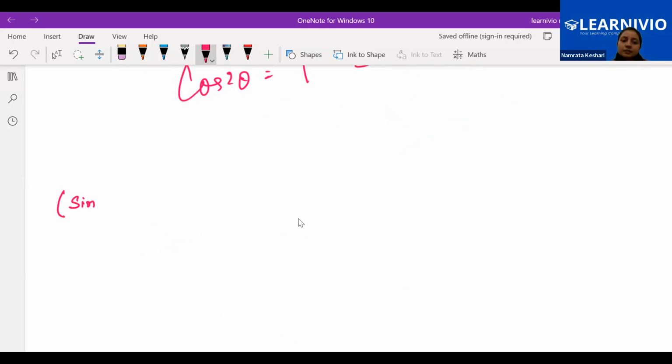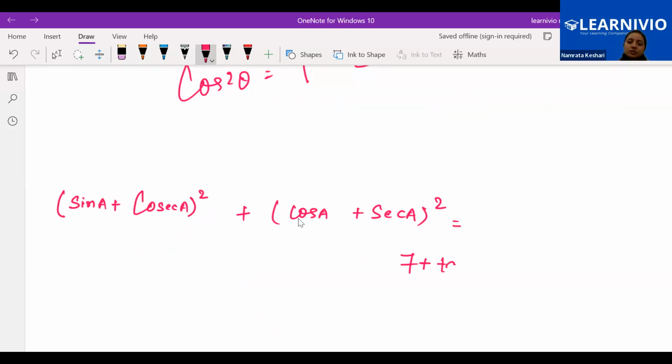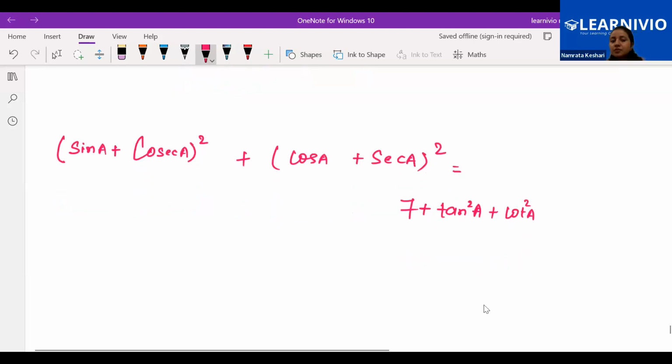Sin A plus cosec A whole square plus cos A plus sec A whole square is equals to 7 plus tan square A plus cot square A. Let's try proving it.